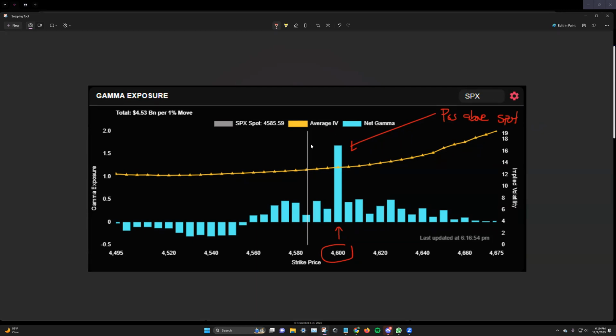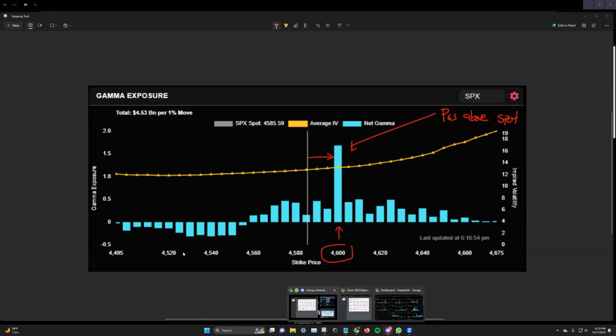So if the market pushes up to 4,600, what is going to happen? If institutions are buying up to 4,600 and dealers are trading against the current price action, what are they going to do? They are going to have to sell shares or sell as their hedge, and then it will act like resistance.